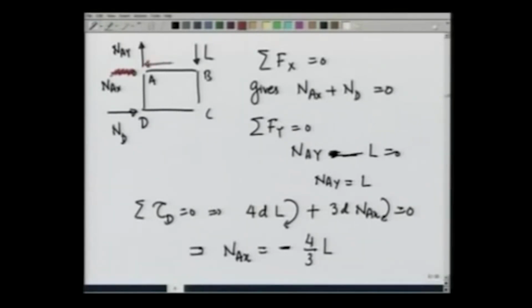So, this is NAX, and from the equation NAX plus ND equals 0, ND also comes out to be in the right direction, 4/3 L.